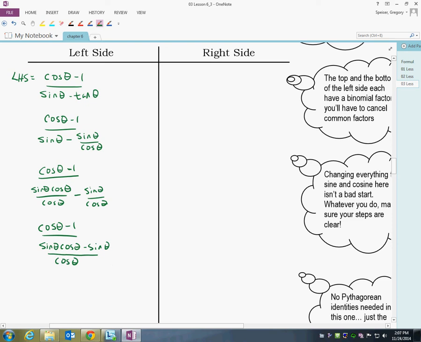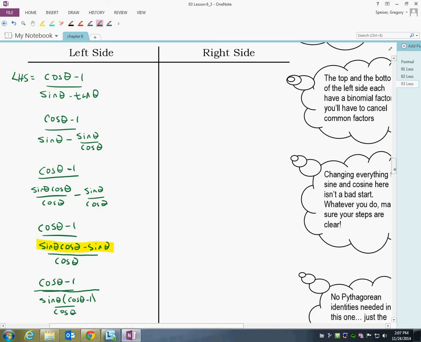Something that jumps out at me here is looking at this piece right here, and I think you may have done something similar in a previous exercise: I can factor out a common sine theta here. So my numerator will still be cos theta minus 1 all over, now if I factor out that sine, it'll be sine theta times cos theta minus 1, that's the bigger fraction over there, over cos theta.